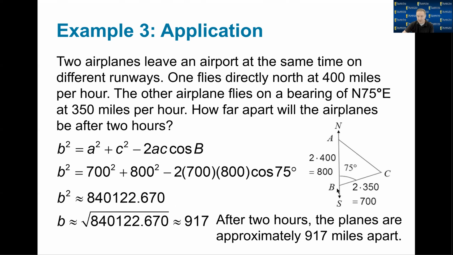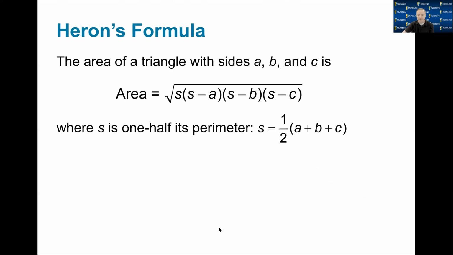If this plane goes 800 north and this plane goes 700 miles in a direction of 75 degrees east of north, then the distance between them is 917 miles. Now, often in your homework, you'll need any side of a triangle to a tenth of a decimal place. I believe I just rounded to the nearest mile in this case.